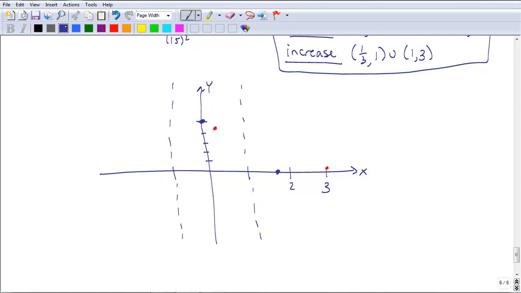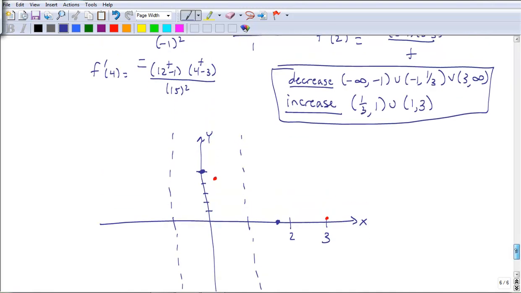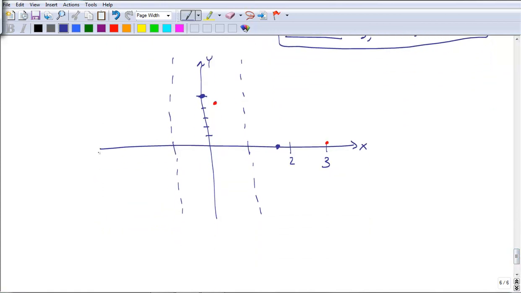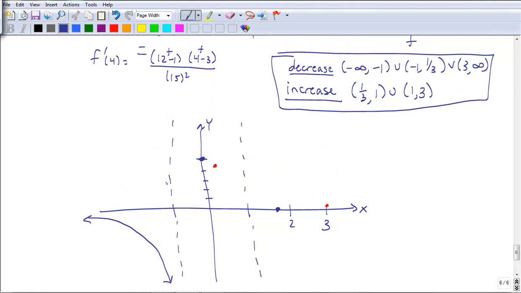So if we take a look, we notice that there's no x-intercepts. From negative infinity to negative 1, it's a decreasing graph. So this graph doesn't have any x-intercepts out here, and it has to be getting smaller from negative infinity to negative 1. It couldn't have been decreasing above because it wouldn't have been able to cross the x-axis.